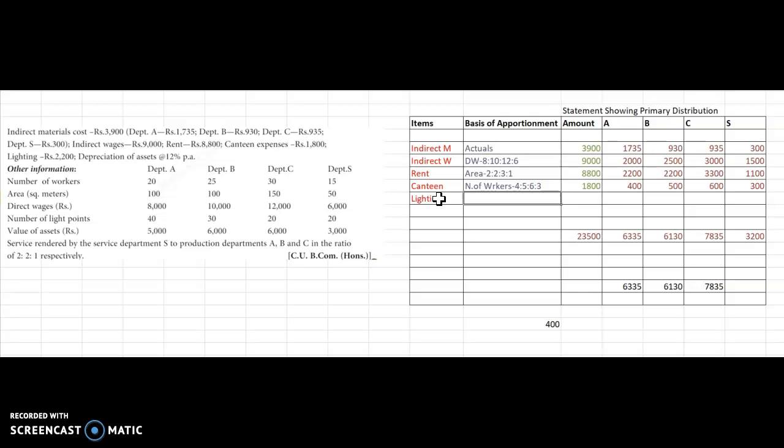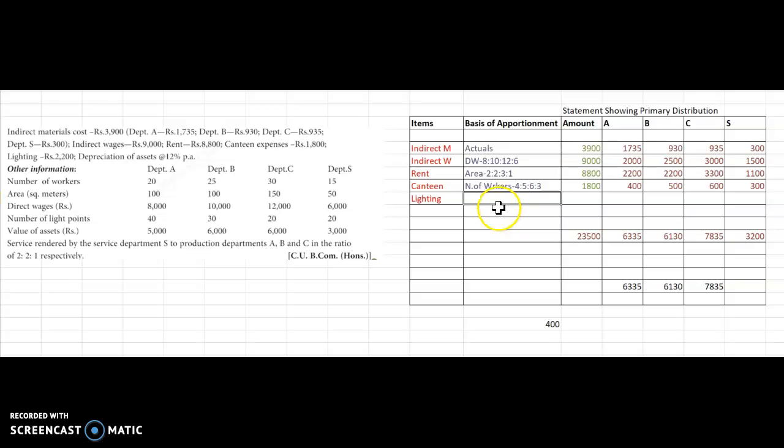So lighting, again the logic would say that it should be on the basis of the number of light points, because whichever department has more light points, definitely the lighting expenses will be more in that department as compared to the other departments.